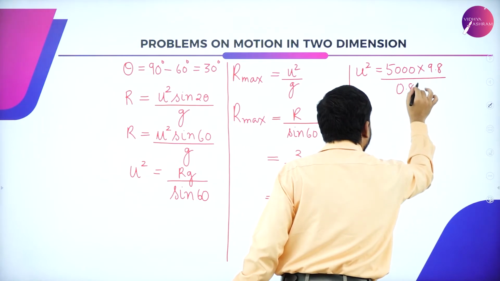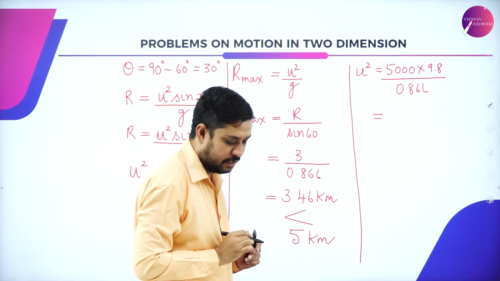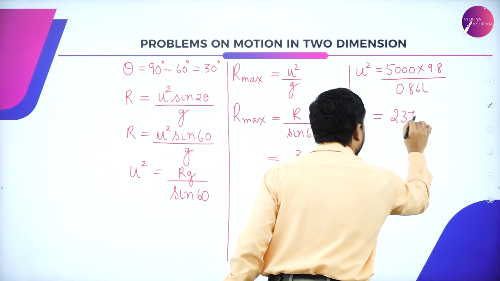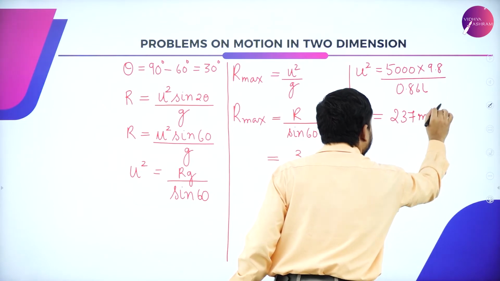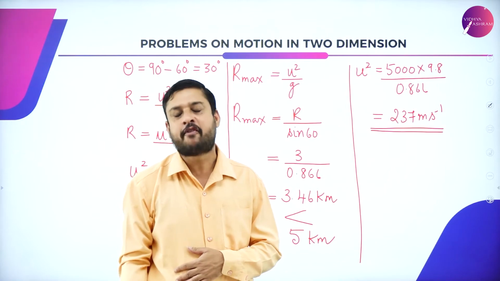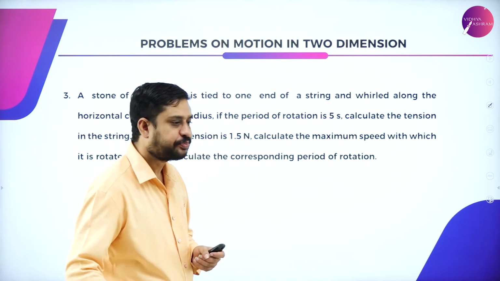Again 0.866. On simplification, this turns out to be 237 meter per second. So this is the velocity of projection. The next one.